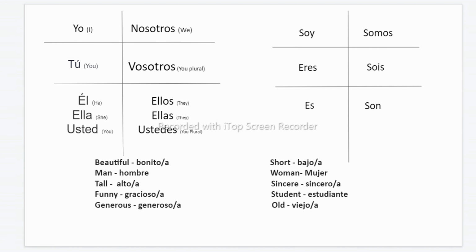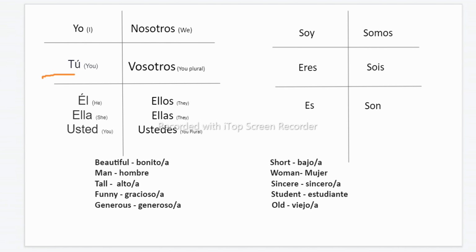Now let's say, if you have to say I am tall, how would you say? Yo soy alto. Yo soy, I am tall. Now, for example, if you have to say you are short, referring to your friend who is a boy, in an informal way.